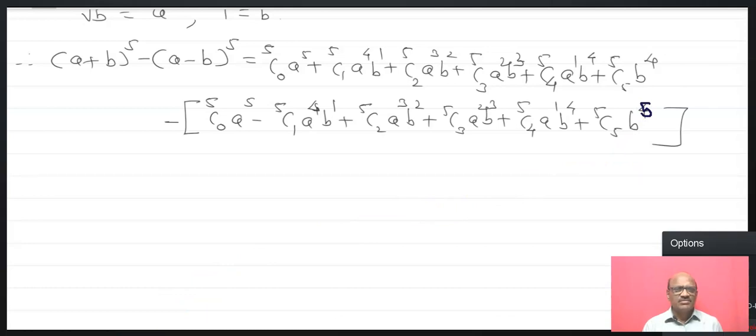Now next we will expand this, that is open the bracket, the minus terms will become plus and plus will become minus there. See this here.